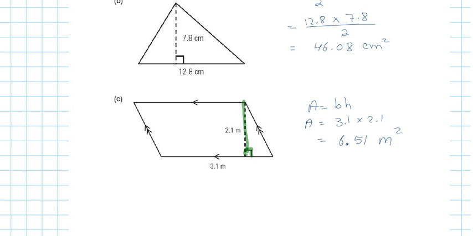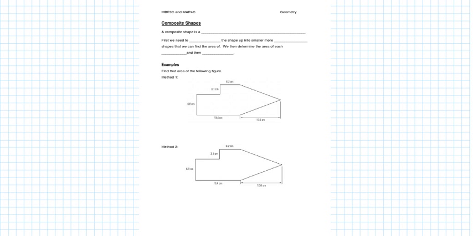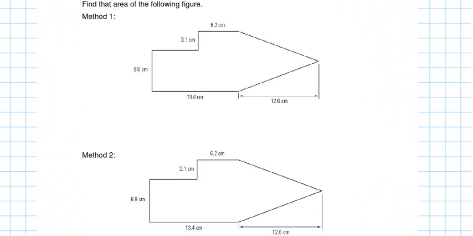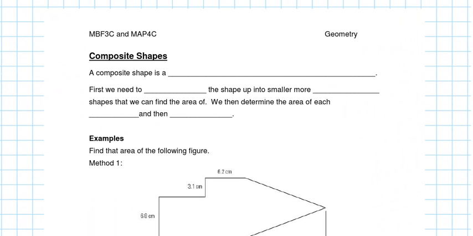Now, in real life, we don't always have a simple one-shape figure. Okay? We usually have what we call composite figures. What's the definition of a composite figure?